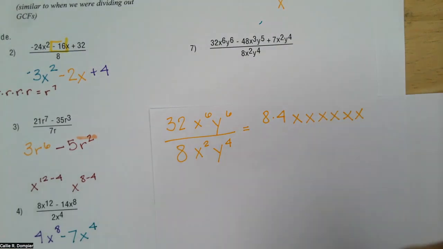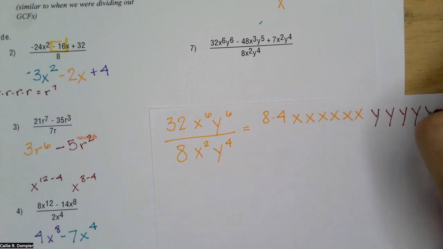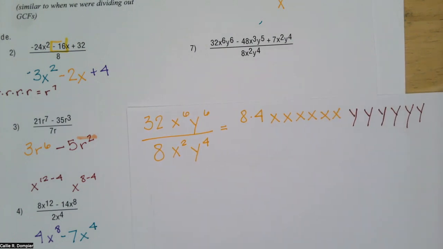And my x's and y's look alike, so I'm going to do a different color. 1, 2, 3, 4, 5, 6 y's.